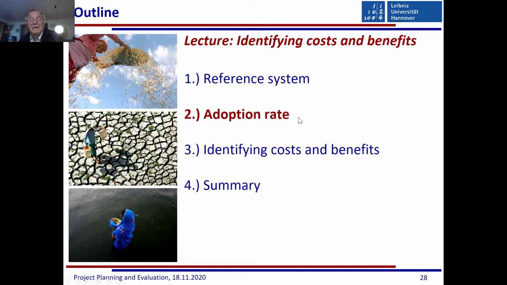If most of the adoption takes place later, then the discounting will make it very small. That's why there is this connection.